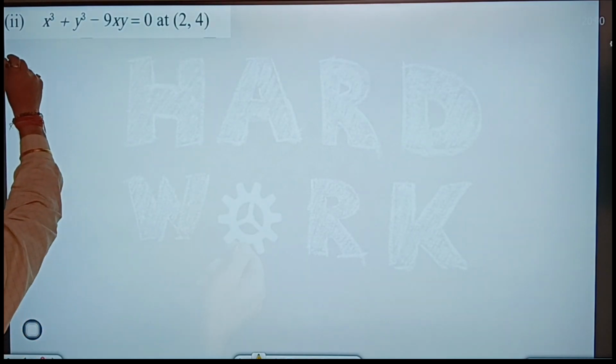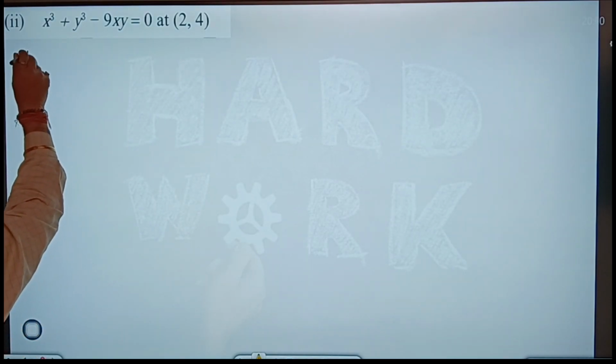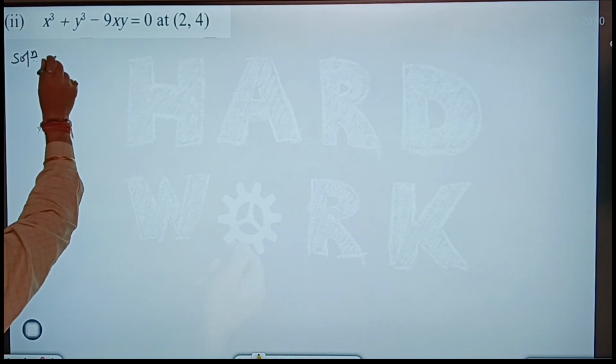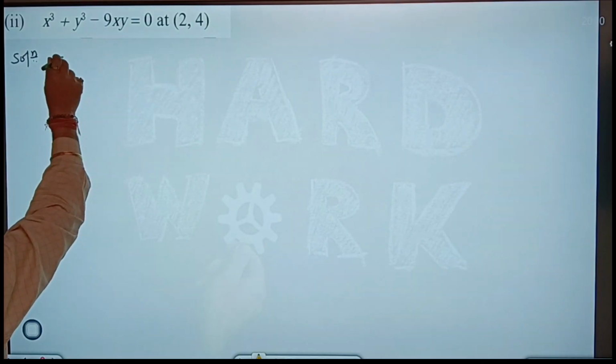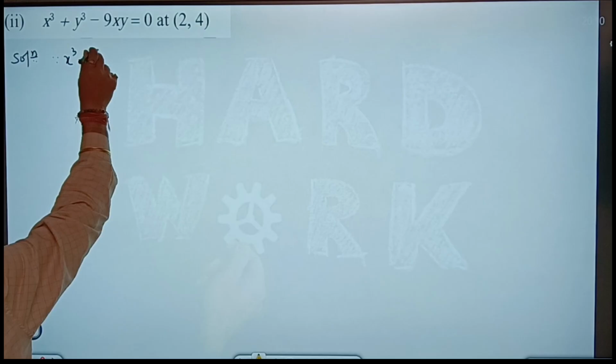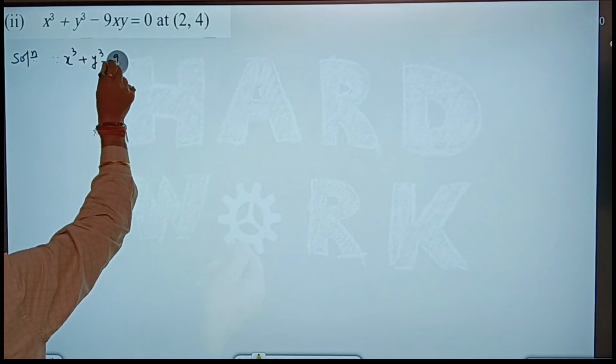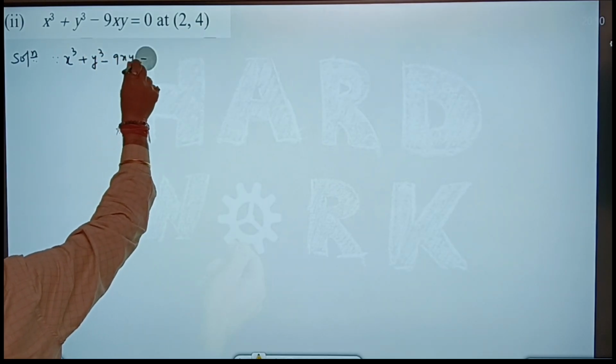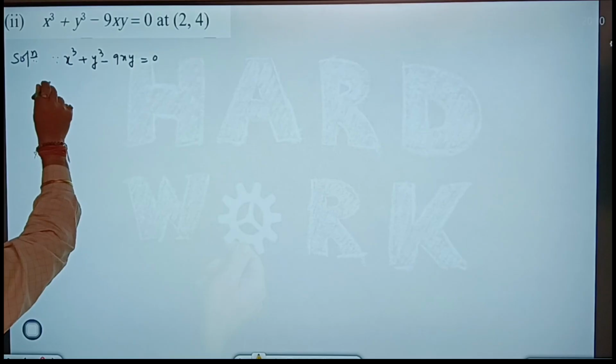Second one is, since x cube plus y cube minus 9xy is equal to 0.